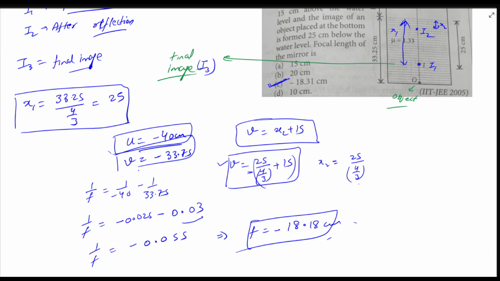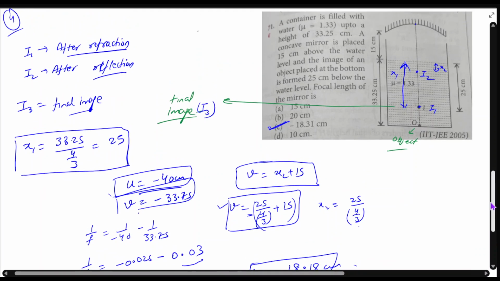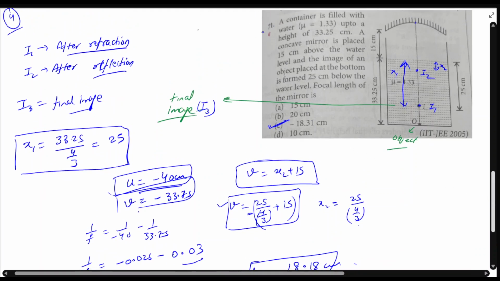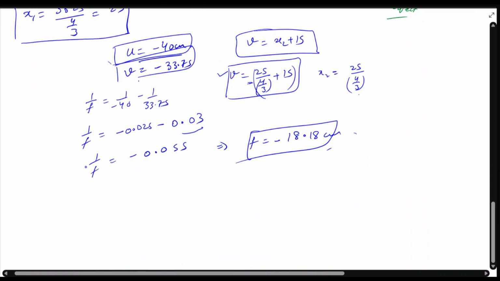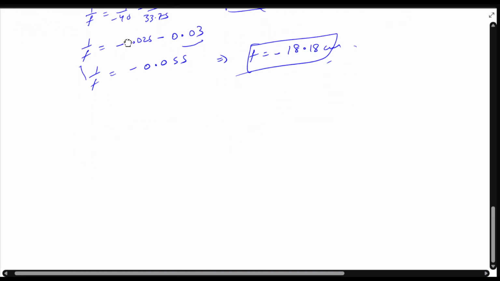We first found x2 by using the formula u by mu, so we get the v. If we get x2, we can find v. So we have v, we have u, and then we use the mirror formula. The situation is a bit complicated, but this question is quite easy. You must have solved these questions in your preparations.